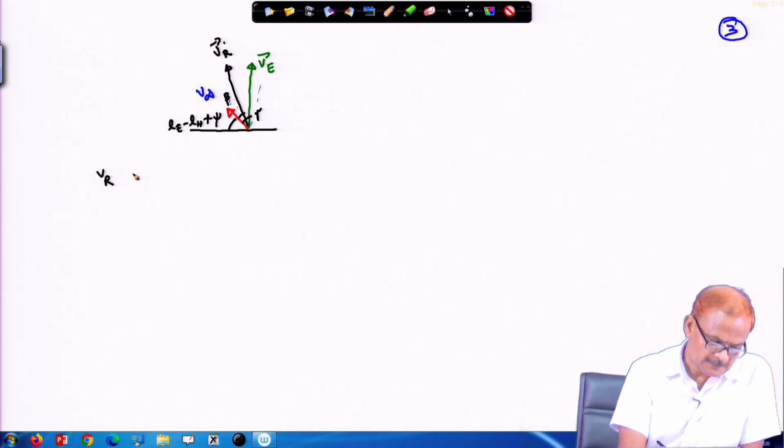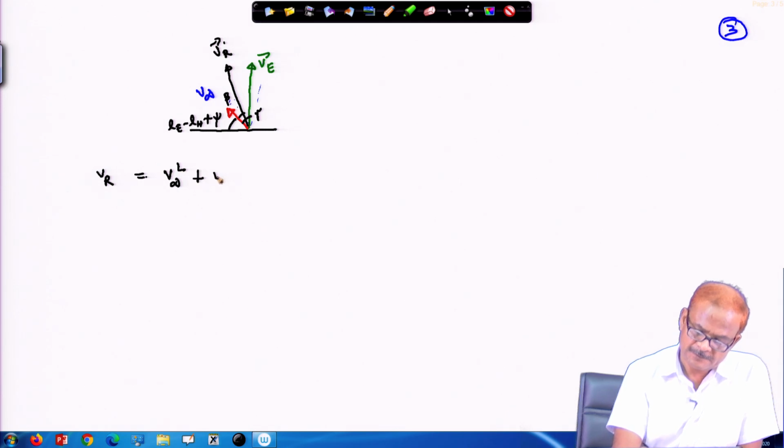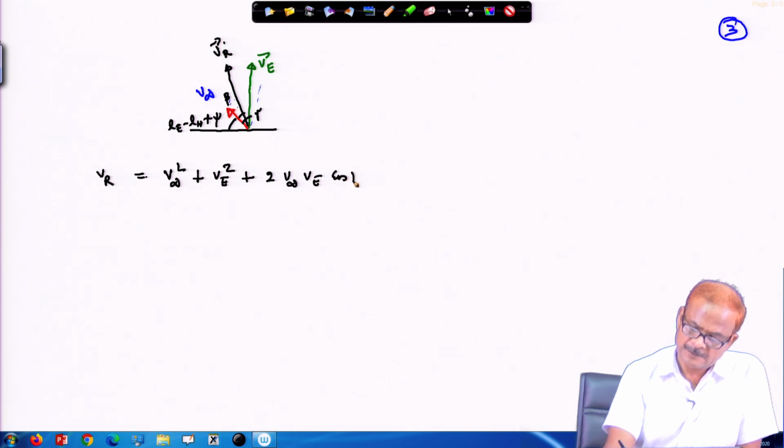So, V r becomes V infinity square plus V e square, plus 2 times V infinity times V e cos gamma. This is the angle between, this is your V infinity.